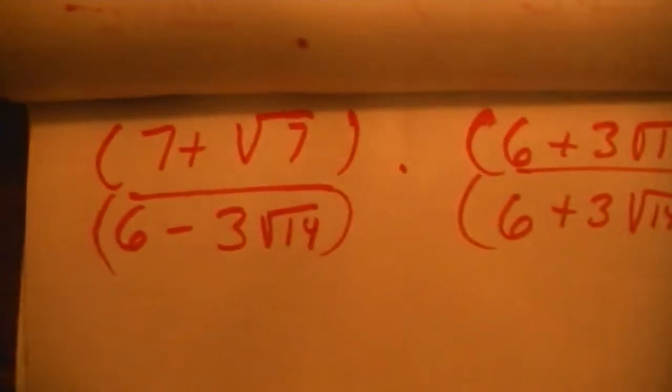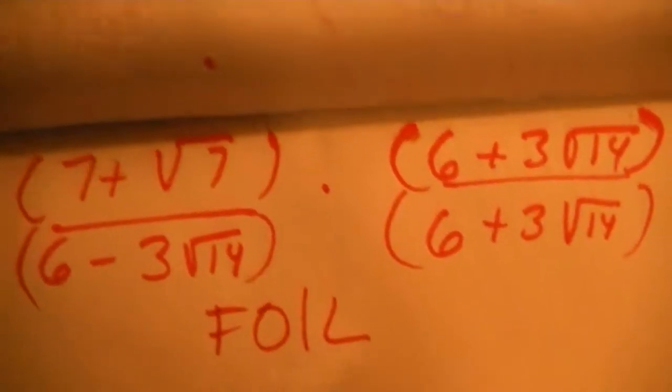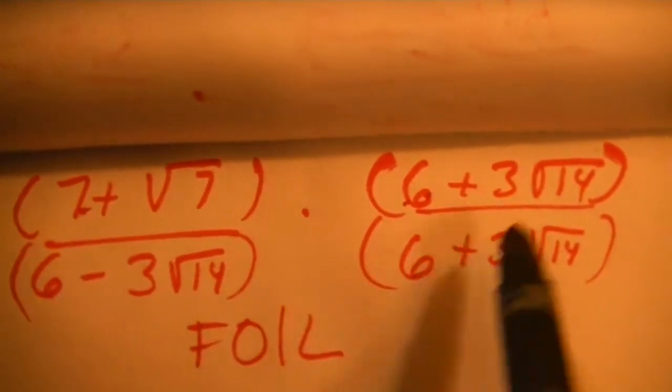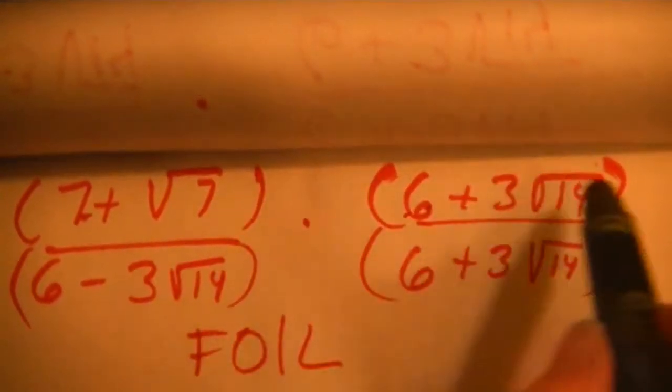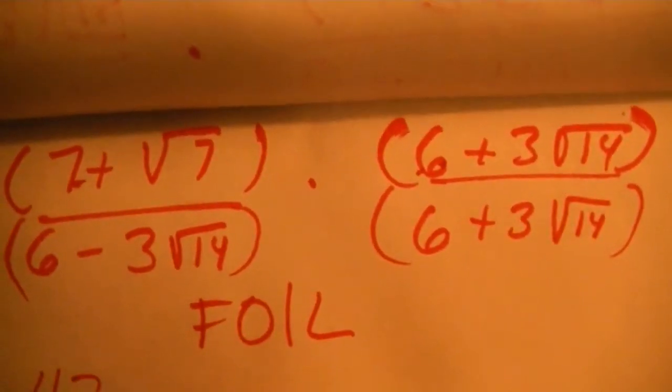So here we go. We're going to use the FOIL method. We're going to go first terms times each other, then the outer terms, then the inner terms, and then the last terms. So let's do that both for the numerators and the denominators. So 7 times 6, 42.